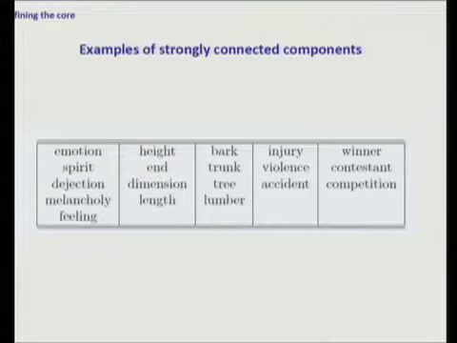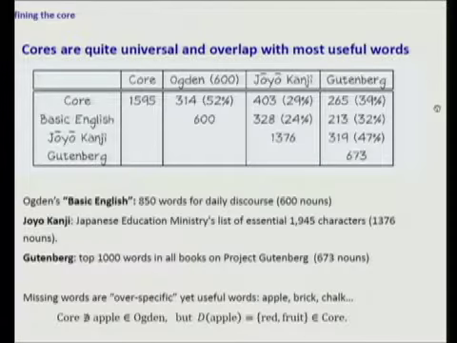It's quite obvious. And regarding your question, if we look at the confluence between this core and some known sets of commonly used words, we'll find a lot of overlap.